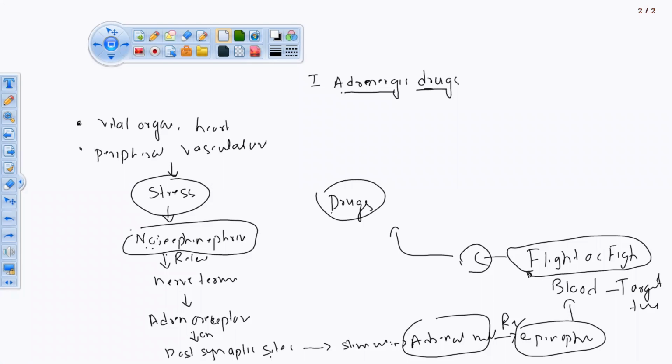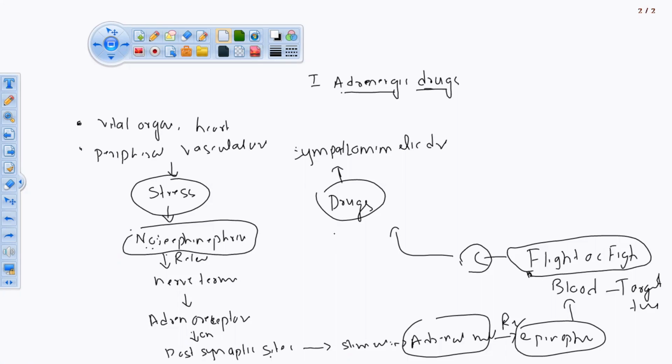They are those which mimic the action of the sympathetic system. The whole system can be mimicked. So these are called sympathomimetic drugs.